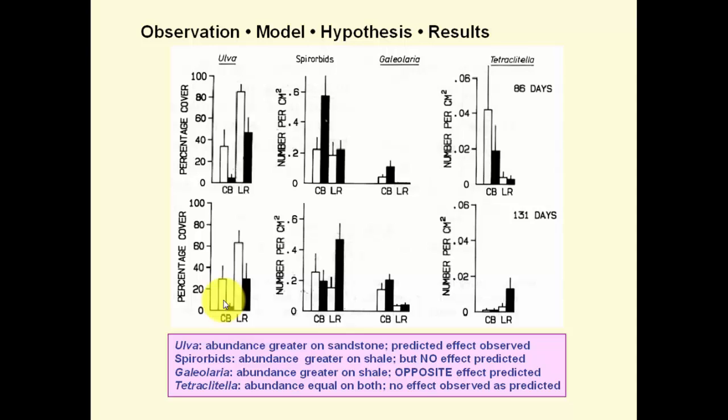Now, that does, however, mean that my results for Galeolaria are resting really only on one set of results, so I'll call that tentative and say I'd want a bit more confirmation. For tetraclitella, nothing arrived, so I can't really say anything much about what's going on there. For the spirorbids, I've got a result at Cape Banks at 3 months and a result at Longreef about another 6 weeks later. So I'm reasonably confident of that.